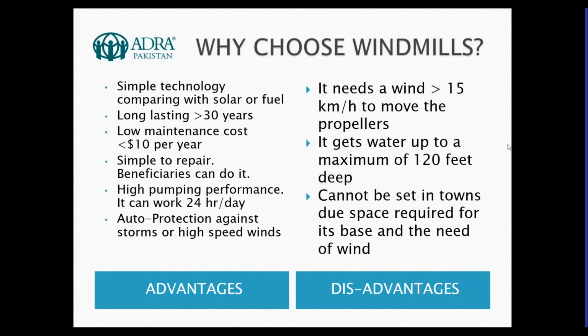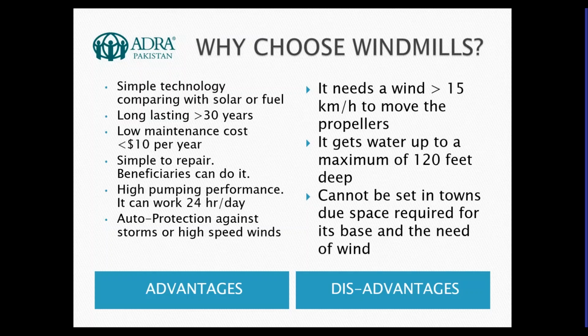But it also has some disadvantages. It needs wind, and that wind should be more than 15 kilometers per hour to move the propellers. Without that, the windmill will be pointless. Also, it cannot get water from more than 120 feet deep. Beyond that, maybe at 150.